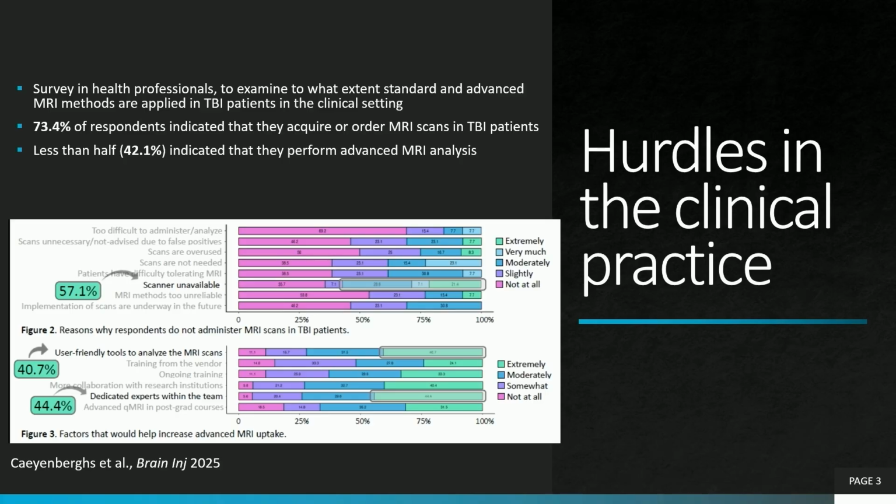We were also interested in what factors would help clinicians increase the uptake of advanced MRI. The two factors they raised were that they need more user-friendly tools to perform these analyses, and that they need more dedicated researchers within the clinical team.